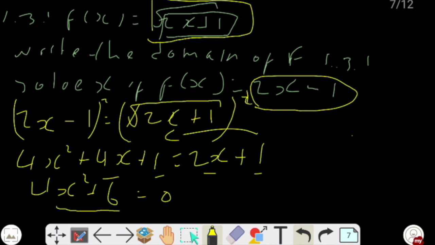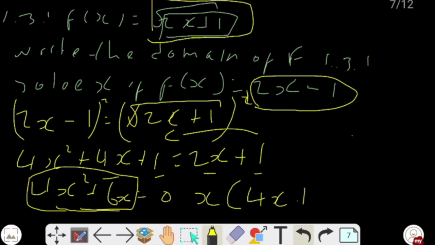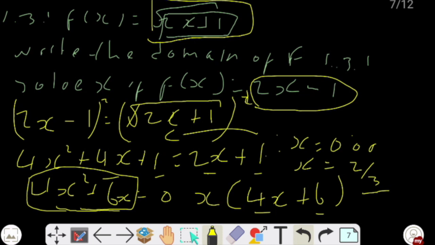And from here, from this part of our equation, you can take out the common factor, which is x, and in the bracket you are left with 4x plus 6, and your final answer should be x should be equals to 0, or x should equal to, if you divide the 4 by this 6, it will be 2 over 3.